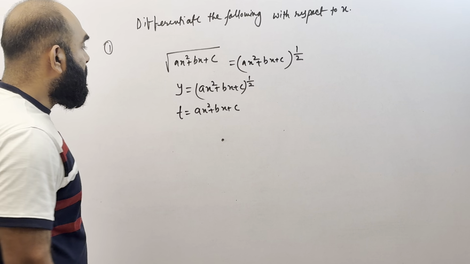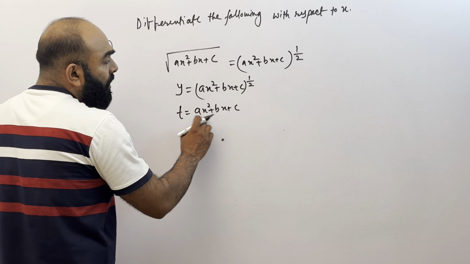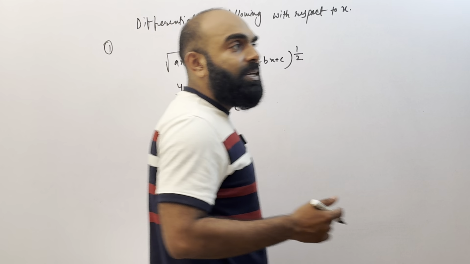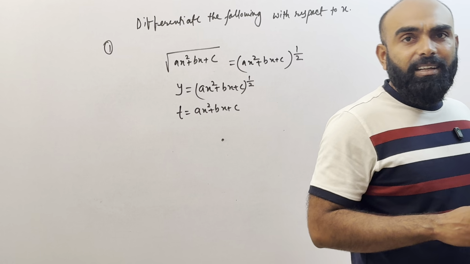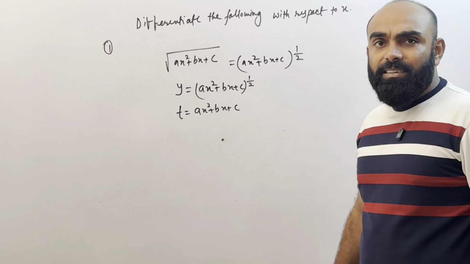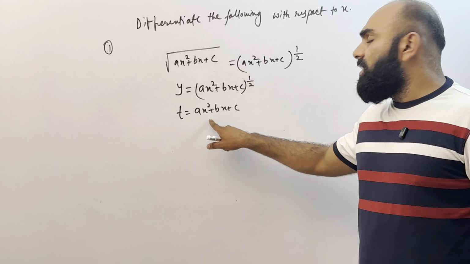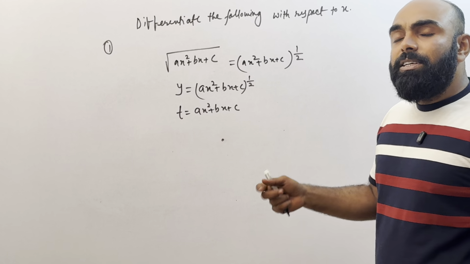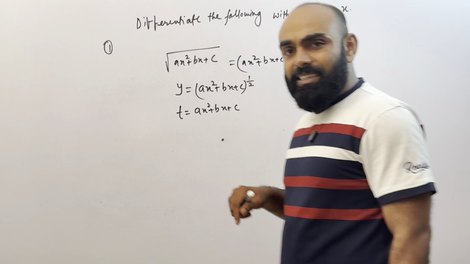This t is a function of x only, because your variable is x, and a, b, c are constants. So t is a function of x, and if I have to differentiate this function, I will differentiate with dx.